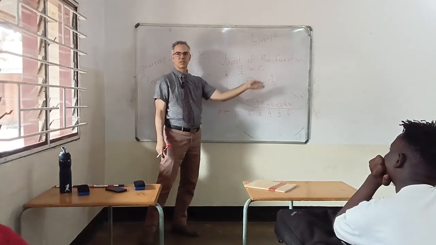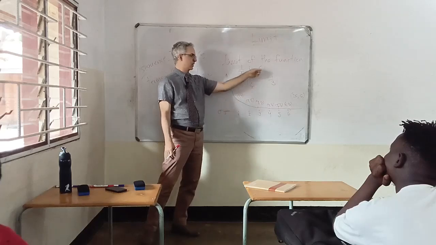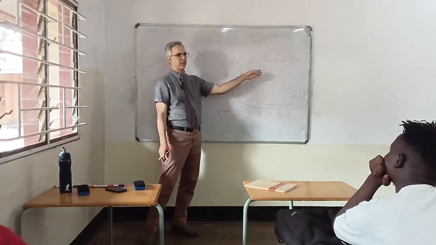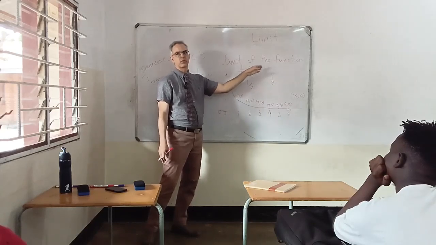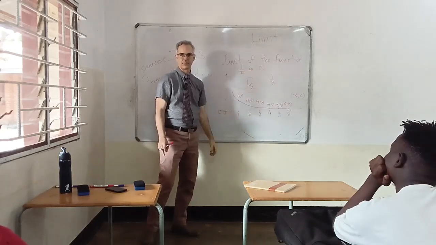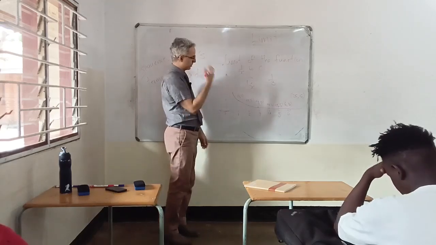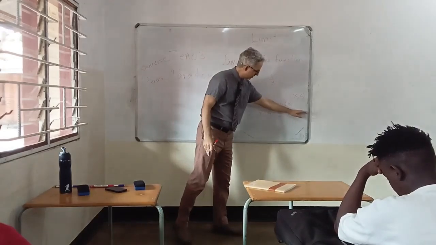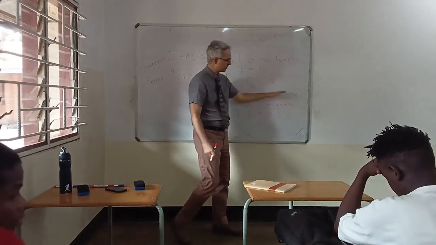You can make the numbers as big as you want, and you will never reach 1 over x equals 0. But the numbers will get closer and closer to 0. And that's what a limit is. And visually, it's this line. You can see that the graph of the function will get closer to the horizontal line, but will never reach it.